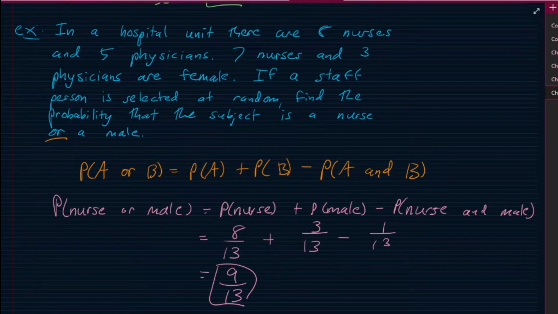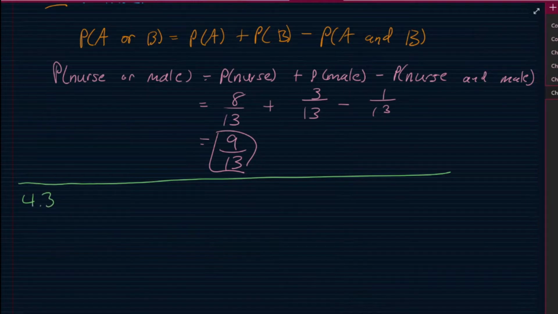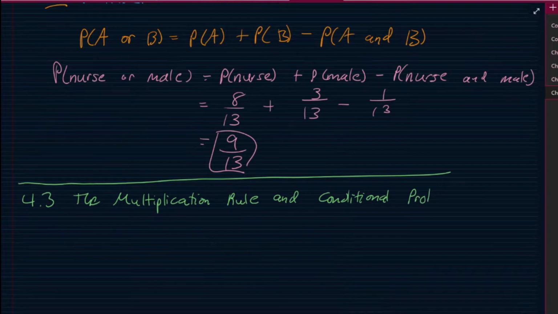Okay, so next, a brief review of 4.3, which is on the multiplication rule and conditional probability.